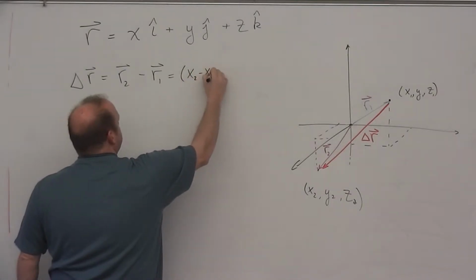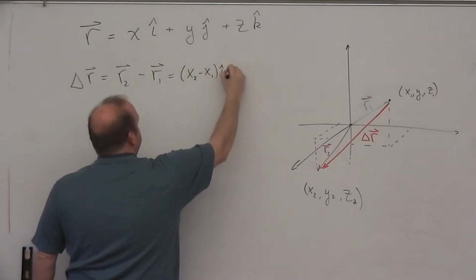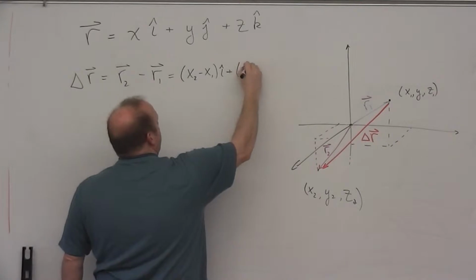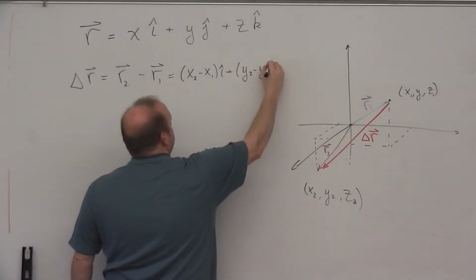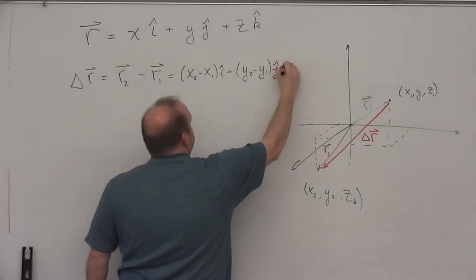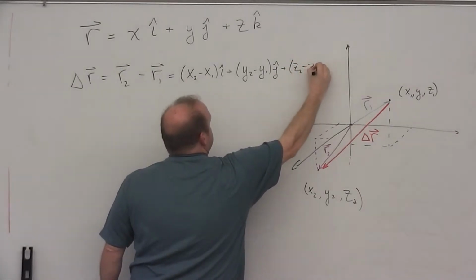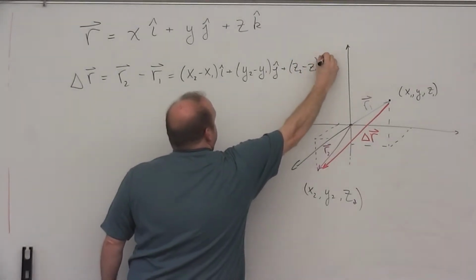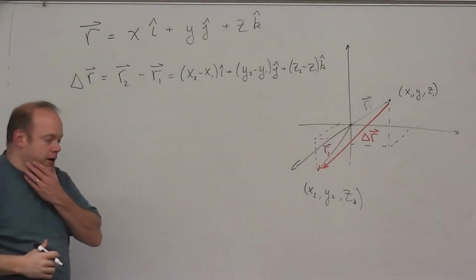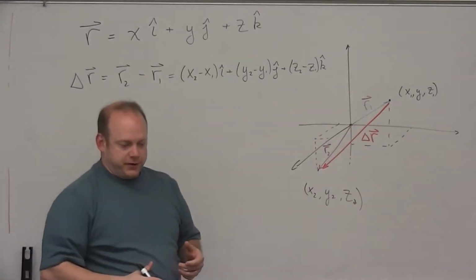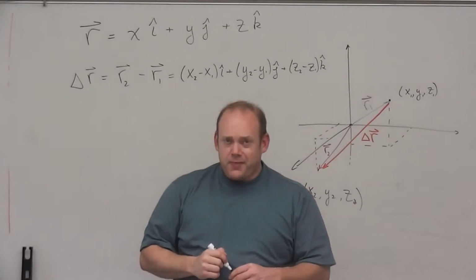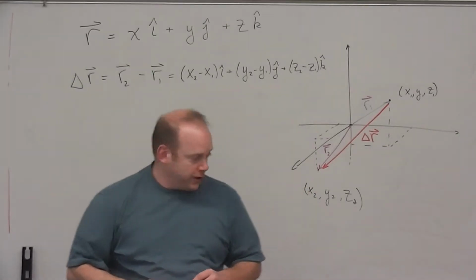So this is going to equal x2 minus x1 i hat plus y2 minus y1 j hat plus z2 minus z1 k hat. Okay, so that's what delta R is. That is what your displacement is, just the difference between 2 points.